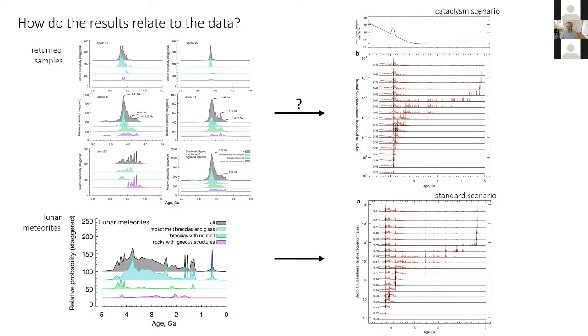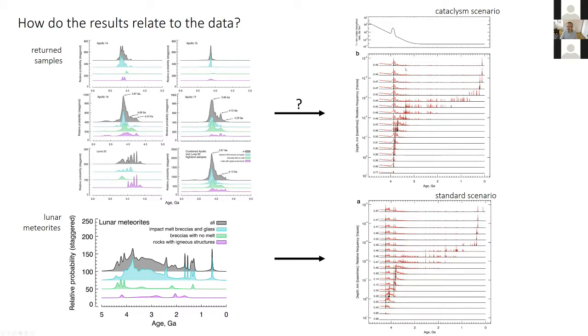So now we come back to compare these models with what we had at the start. If you believe in a cataclysm scenario that looked like this, the prediction of the model is that it should produce a signature that has this strong peak that looks like this, and that is exactly what you saw in the Apollo data, so that makes perfectly good sense.